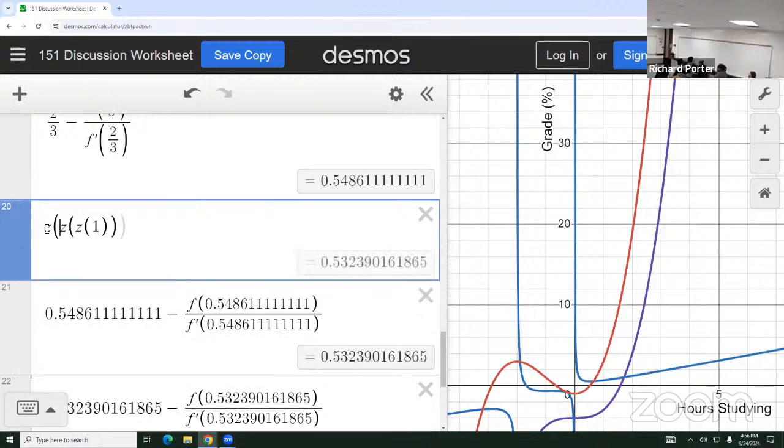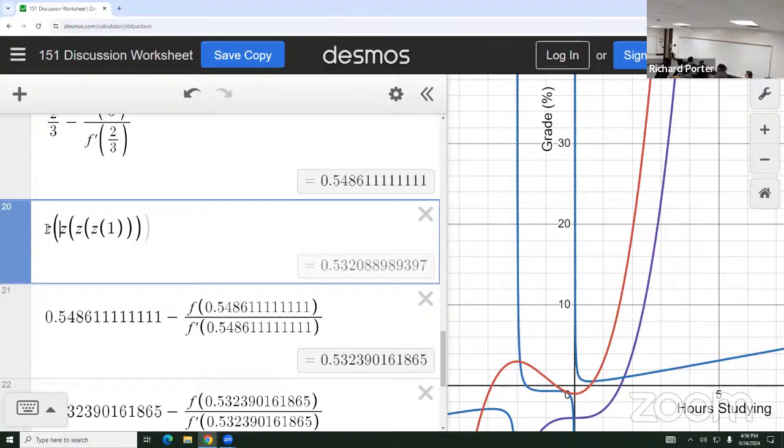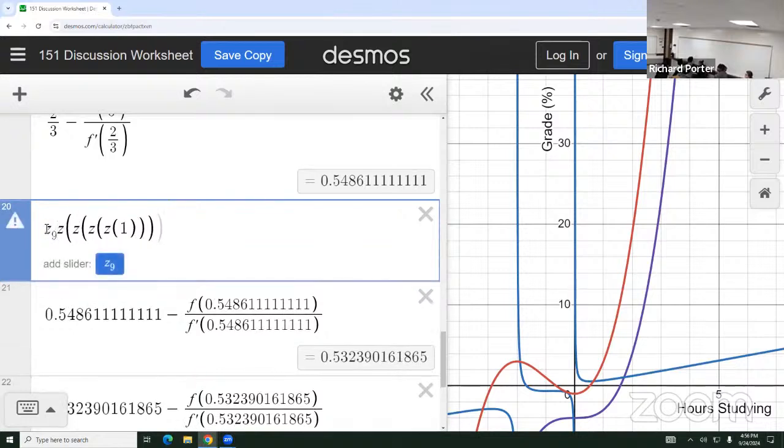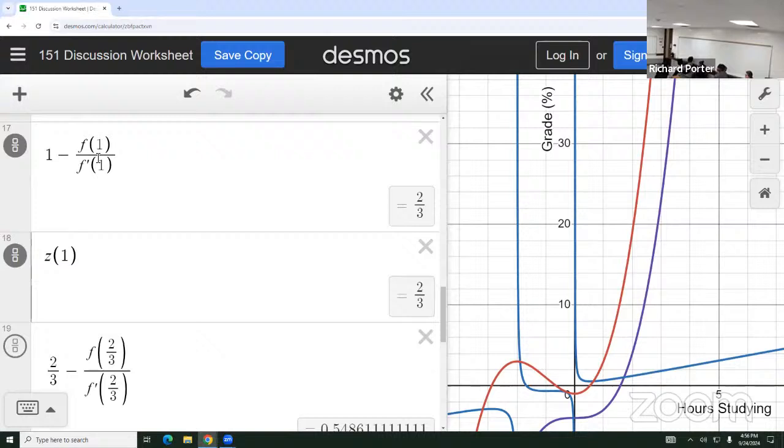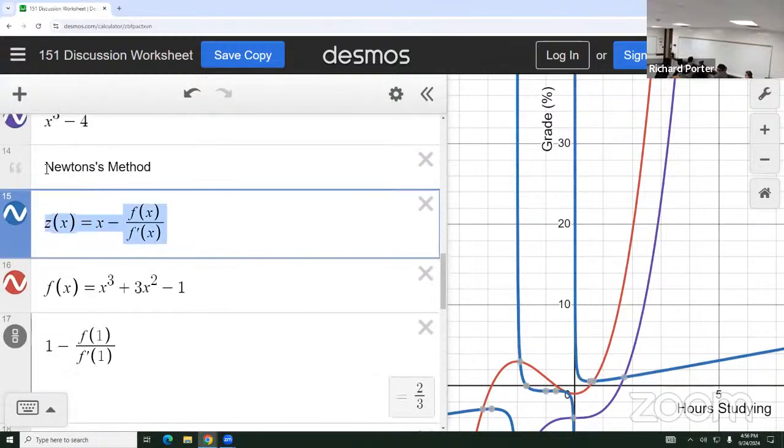All I have to do is keep putting z's in front of this. Z of z of z. You see how it just keeps saying z of z, and eventually I get the answer. So I don't even have to do all that copying and pasting. I just have to create this function z.